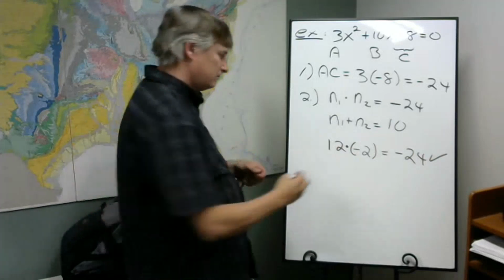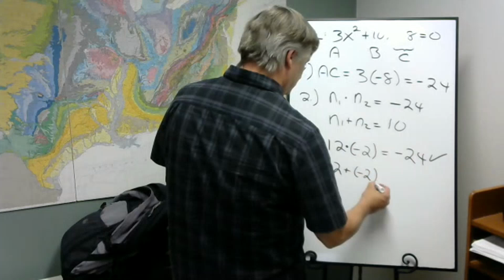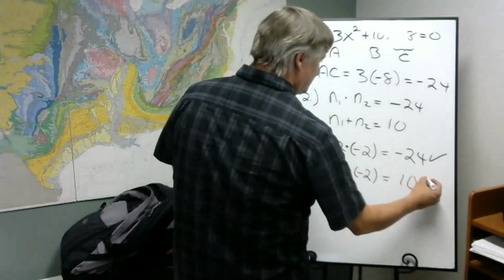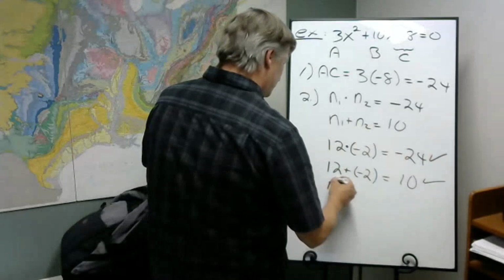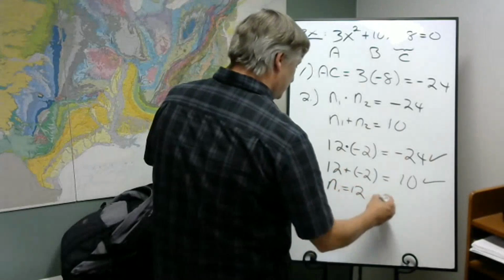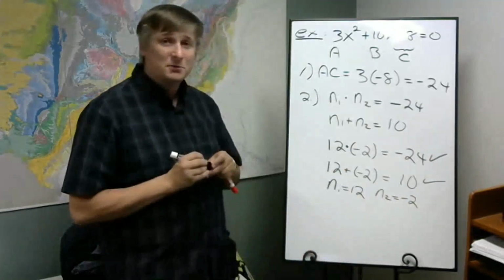And then let's try 12 plus negative 2. Well, that'll be positive 10. So this tells us that n1 is 12, n2 will be negative 2.